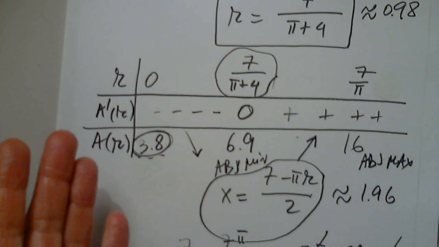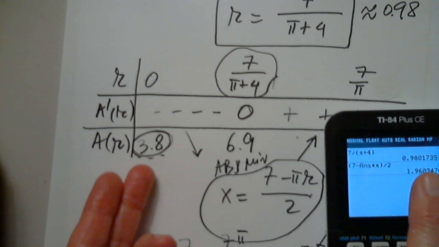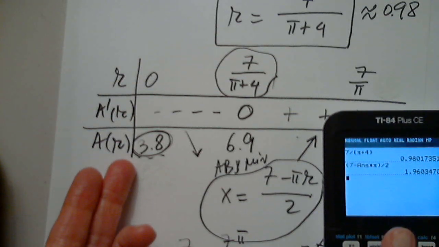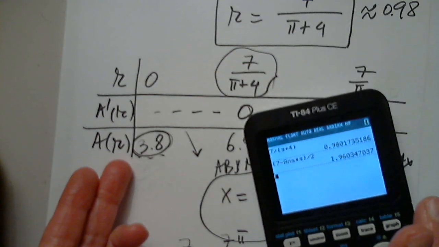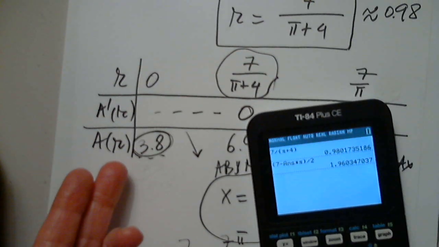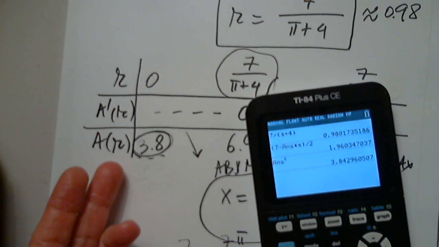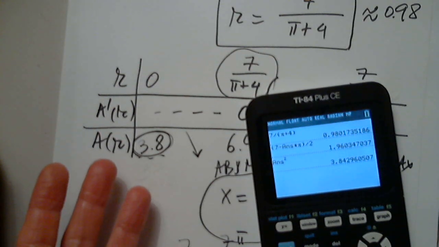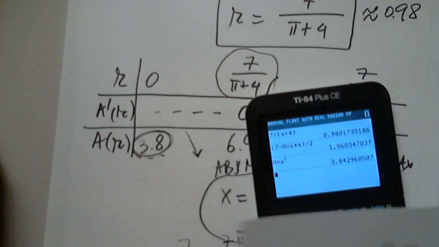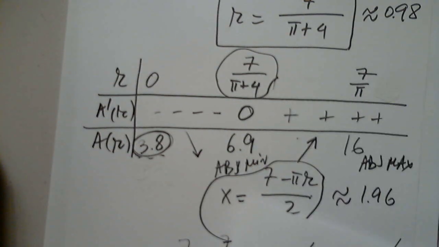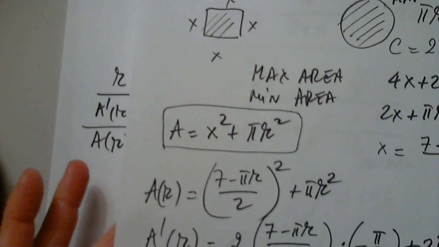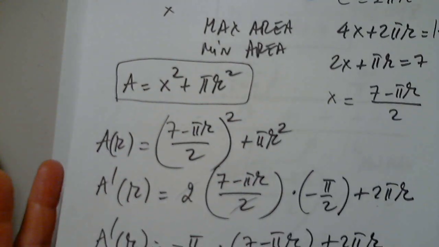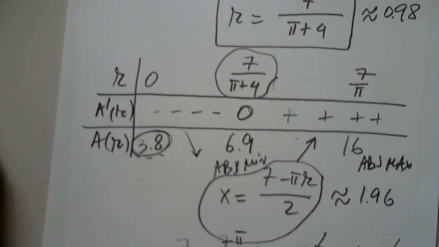Yes. And square this. Yes. But how can it come down from 3.8 to 6.9? That is not possible.